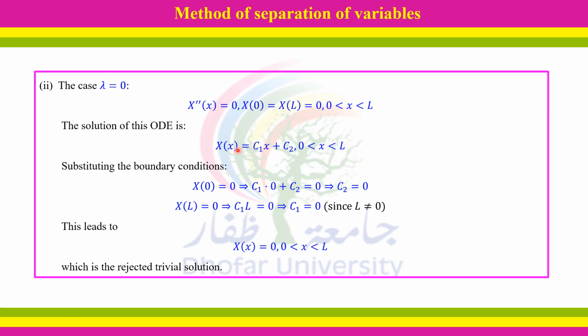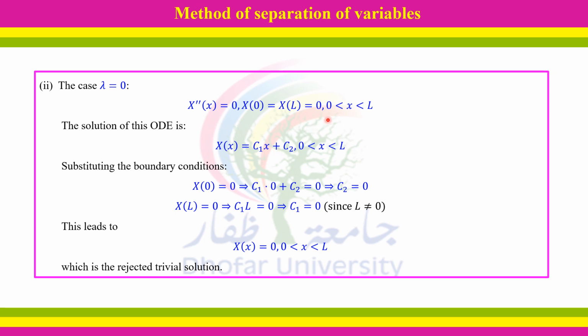And when we substitute the first boundary condition X(0) equals 0, here we substitute x by 0. So this term vanishes, and then we get from it c2 equal 0. That means X(x) is in the shape of c1 times x.